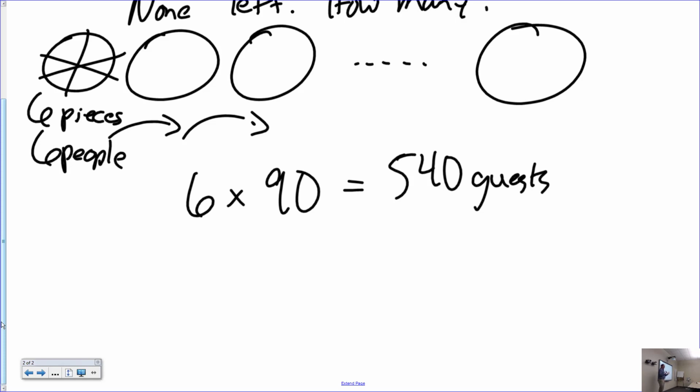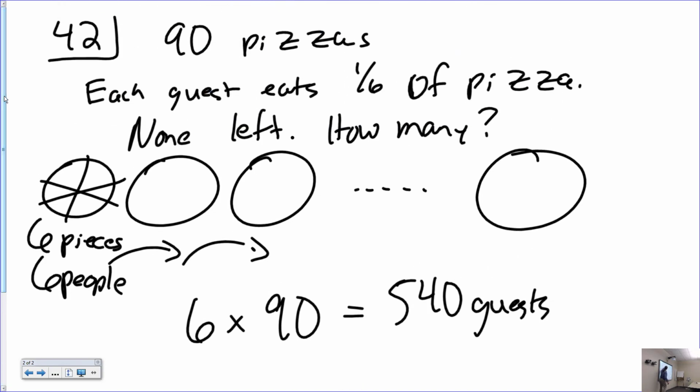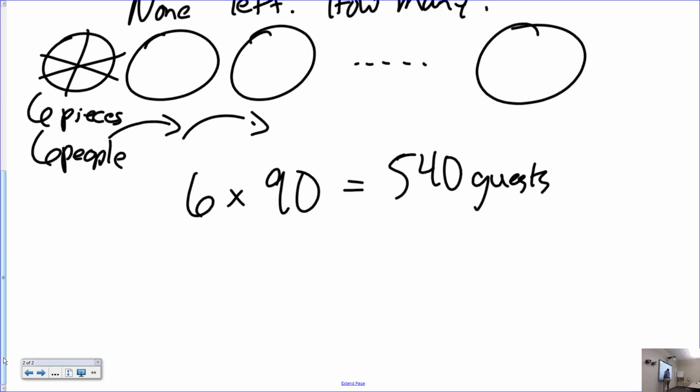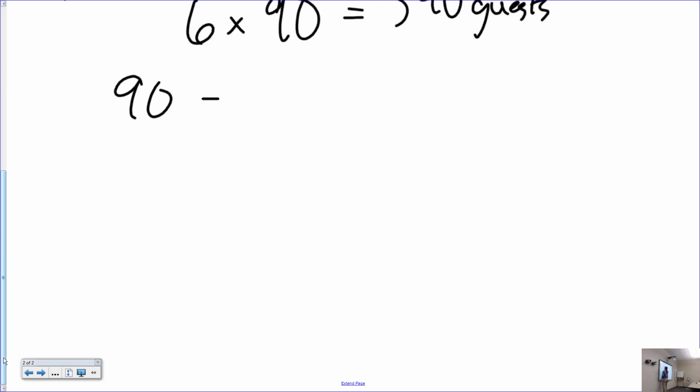Now, I'm a mathematician, guys, so I'm going to break it down the way a mathematician would look at this, or a physicist would look at this in a more generic case. Because what are we really doing when we say that each person eats 1/6 of a pizza? We are going to divide these pizzas into pieces of size 1/6. So how do you take 90 pizzas and divide it into 1/6 of a piece?